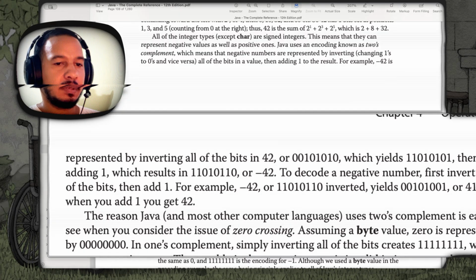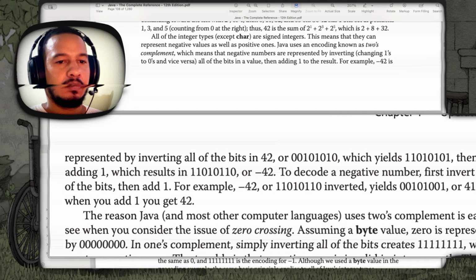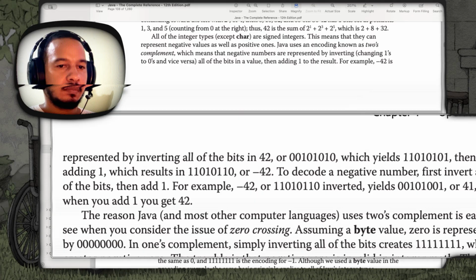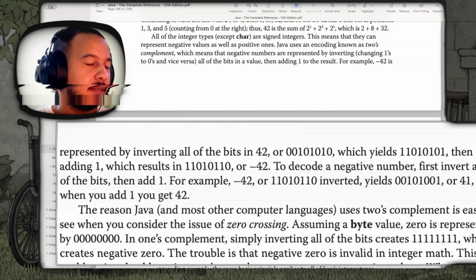So when you add 1, you get 42. Okay, that's interesting.